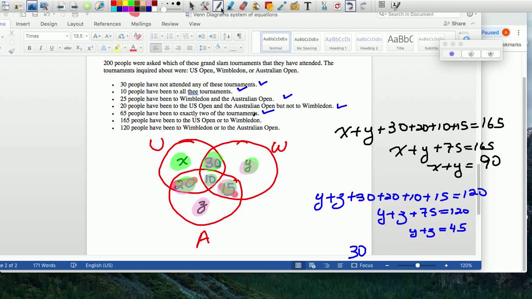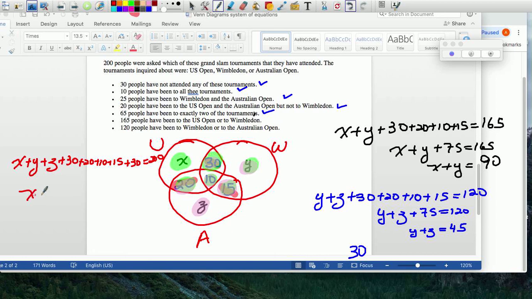And again, just like the last one, we're going to need one more. And the last equation we can write is going to be the one that we use all our numbers. So we can write that x plus y plus z plus all these numbers and the number outside. Plus 30, plus 20, plus 10, plus 15, plus these people who have not gone, plus the 30, they all have to equal 200.